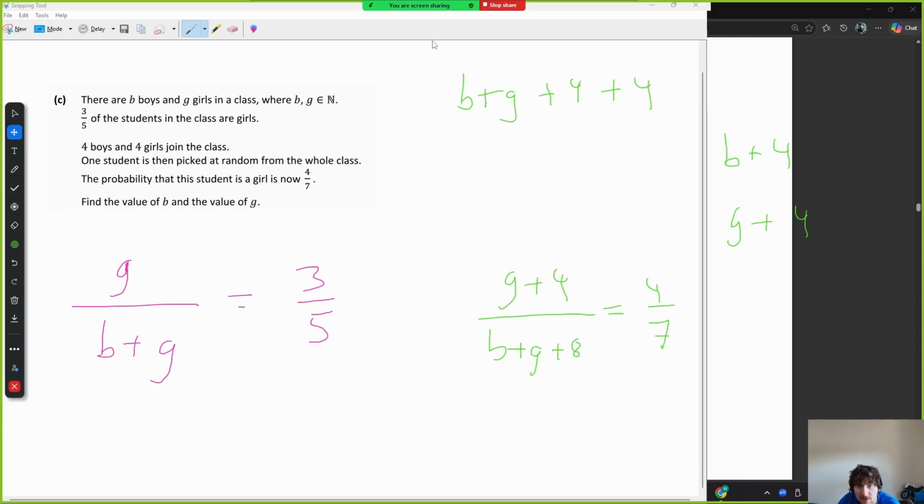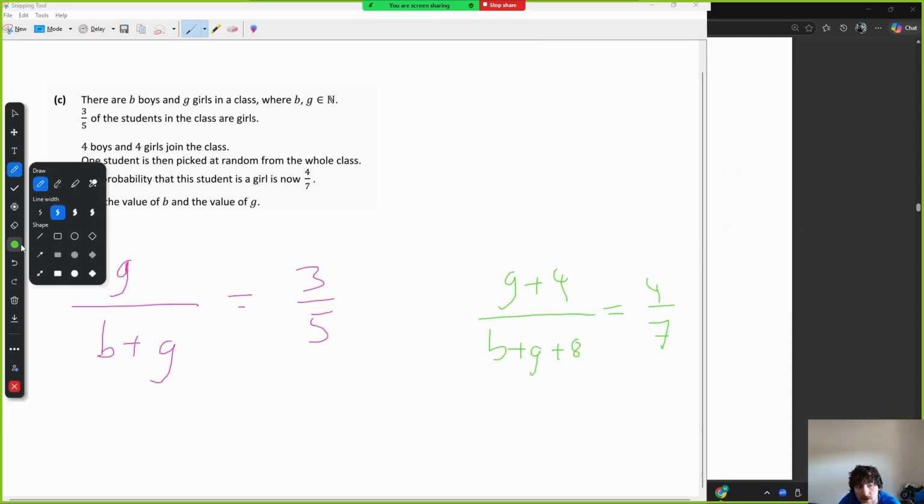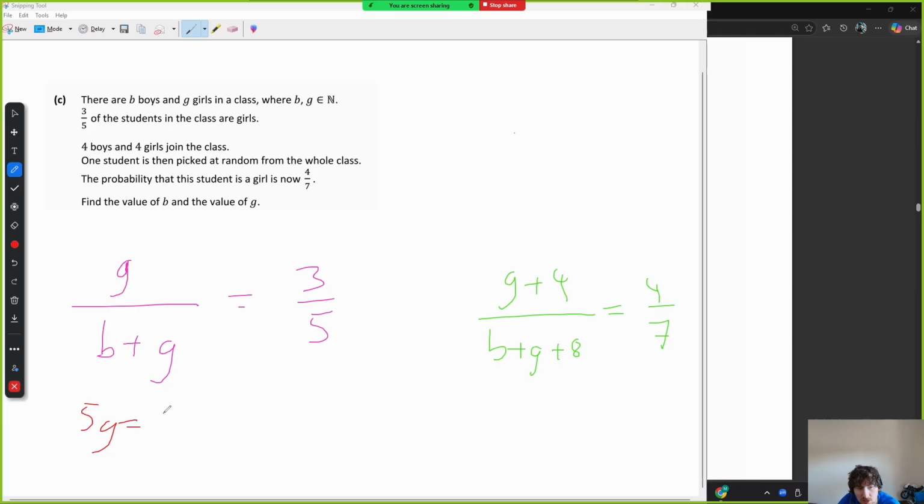This is great, because you'd be happy in an exam situation: how many equations do you have? 2. And how many unknowns? 2. So you can actually find B and G from this information. Just a bit of algebra now. Let's cross multiply here. We get 5G equals 3B plus 3G. Bring this over, you get 2G equals 3B.